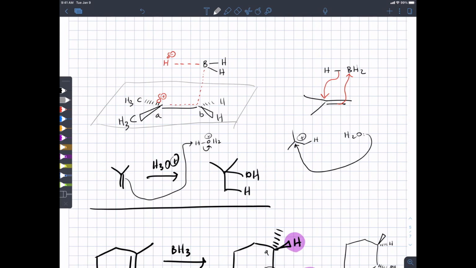As we form the new carbon-boron bond, and then the hydrogen gets delivered, these atoms are both coming in from the same side. There's not enough space or distance in any of these bonds to allow the boron and the hydrogen to stretch to opposite sides. Okay, that totally makes sense. Thanks so much. You bet.